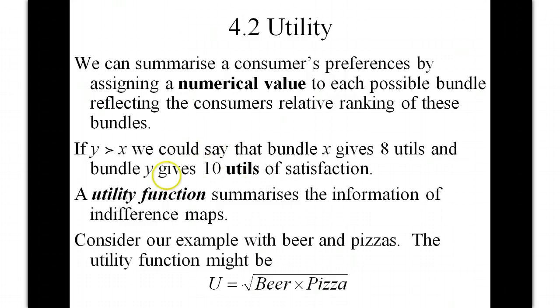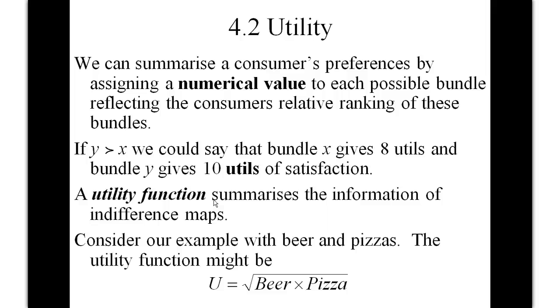So you could multiply two goods together and get the square root of it. So look at the quantities. How many units of each good did the person get? And just get the square root. So this is what's called a utility function. And this contains the exact same information as an indifference curve, just in a different manner.